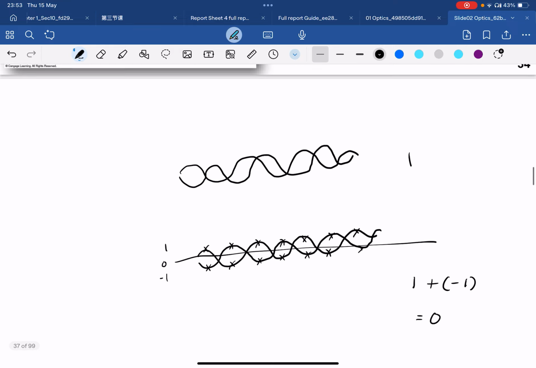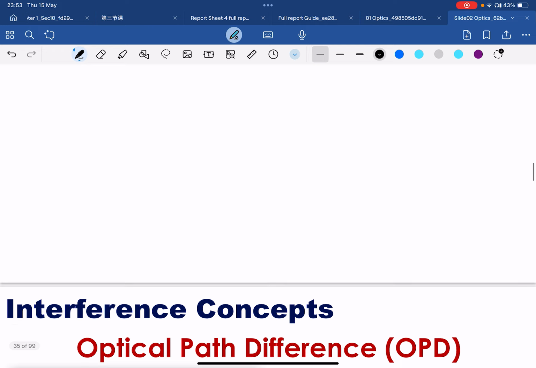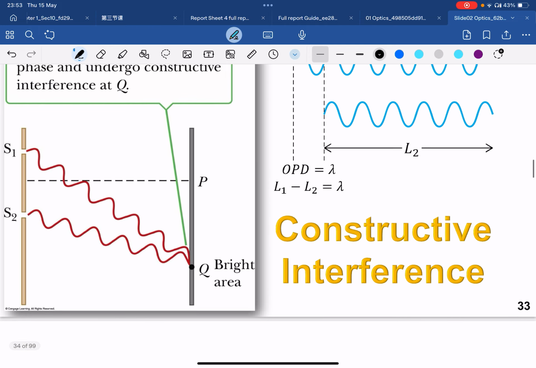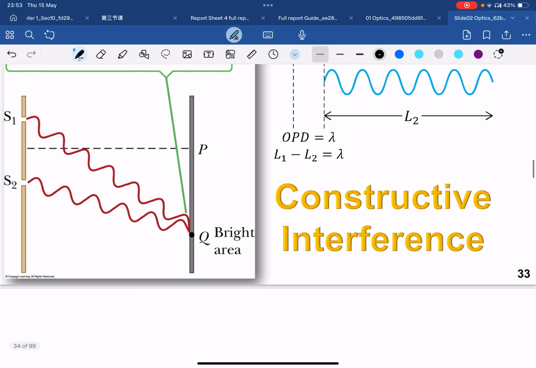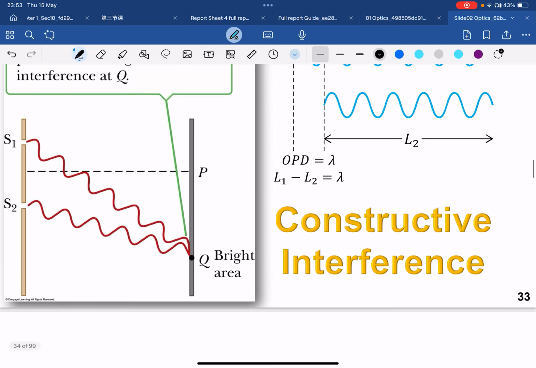And how does this relate to the OPD, the optical path difference? So essentially what the optical path difference is, when you have two waves and they meet up at a point, they travel different distances, okay?